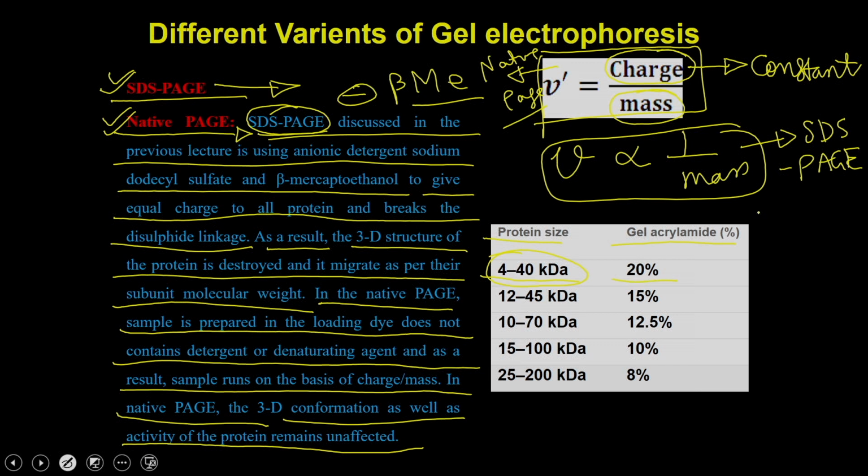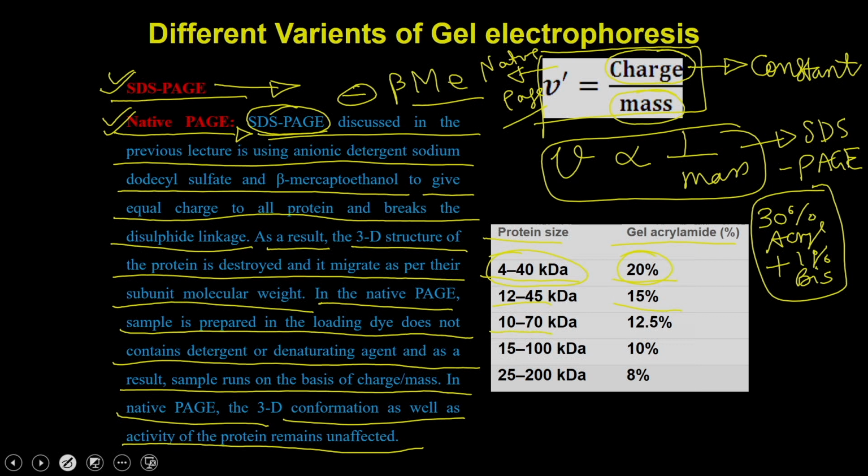This means you have prepared a 30% acrylamide solution which contains 1% cross-linking agent, the bisacrylamide. From there you can use the 20% gel if you are working with proteins in the range of 4 to 40 kDa, but if you are working in the range of 12 to 45 kDa, you can use 15%.